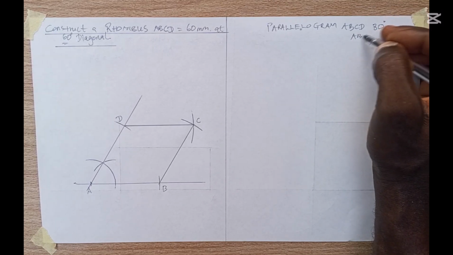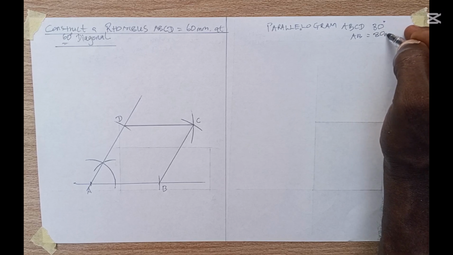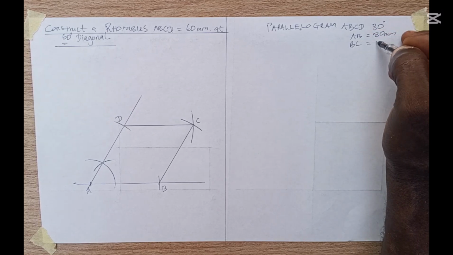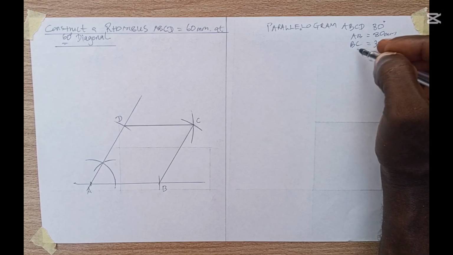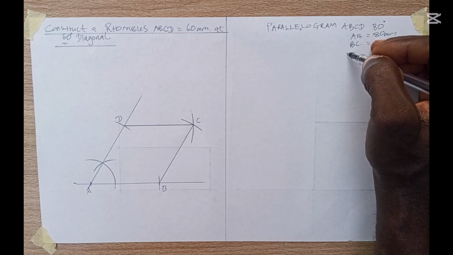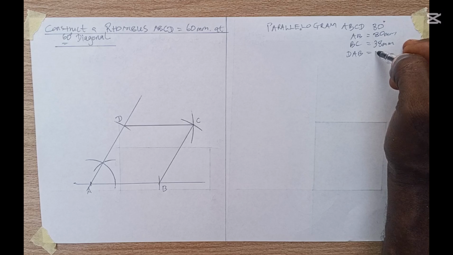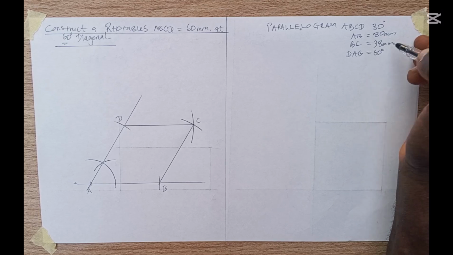That's AB equal to 80 mm, and BC, let BC be 38 mm, and then angle A, that's DAB, let it be 60 degrees.